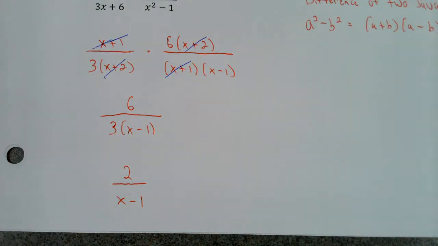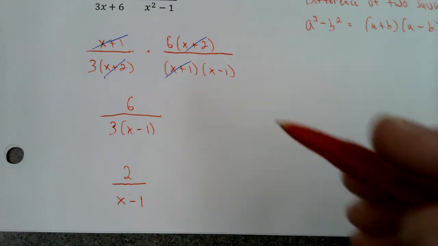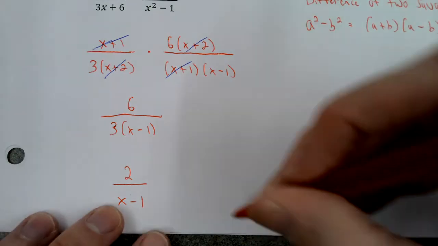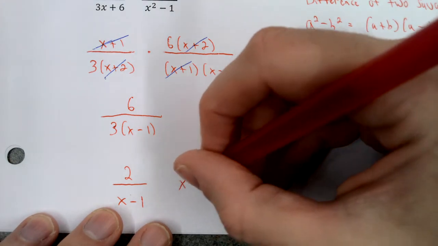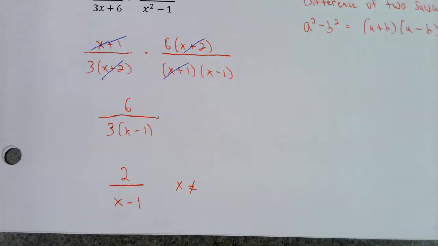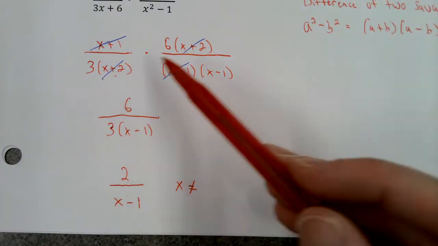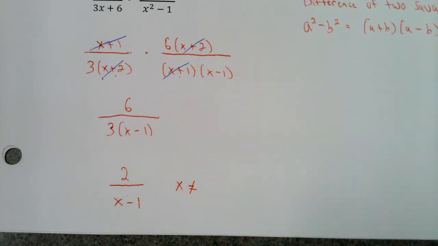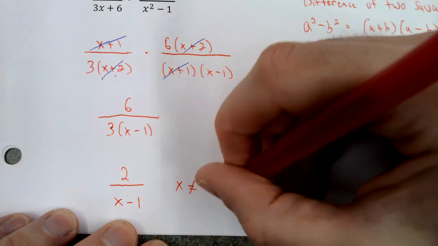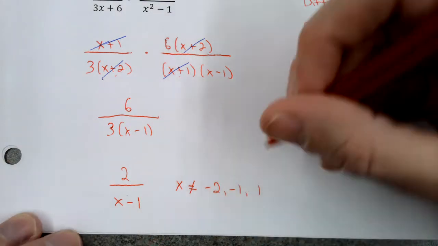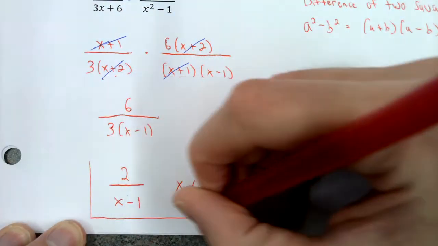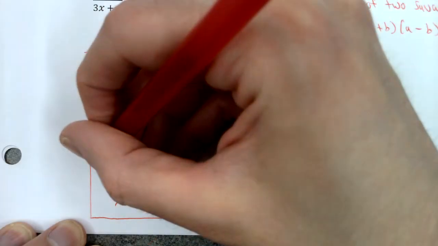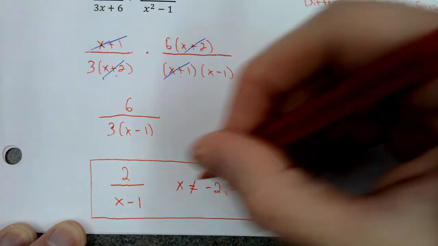Then you have to do the restrictions. X cannot be negative 2. Don't forget about the factors you divided out. X cannot be negative 2. X cannot be negative 1. X cannot be 1. Let me just jot down a little note right here in case you forgot from the first lesson.